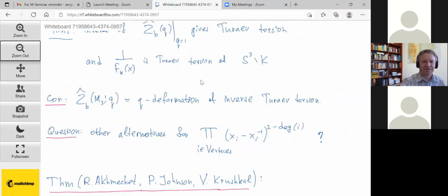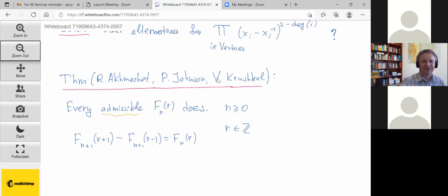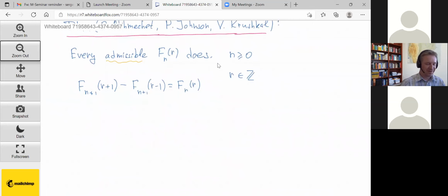So that's the definition of admissible data. The claim is that any choice of numbers F of n of r that satisfy this recursion relation produces for you an invariant of plumbed three-manifolds. And notice that this recursion in r is of step 2.